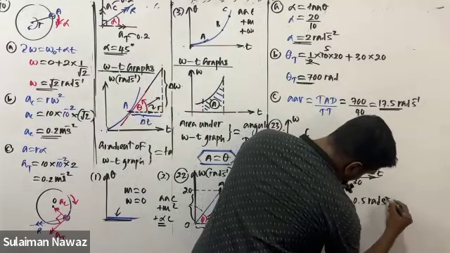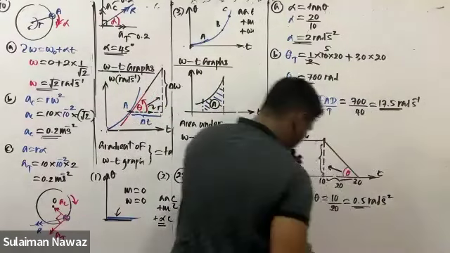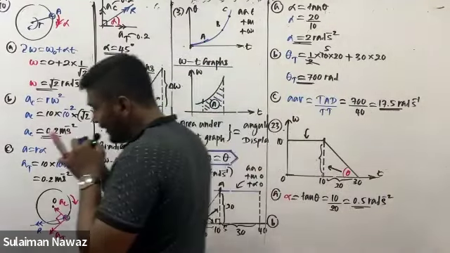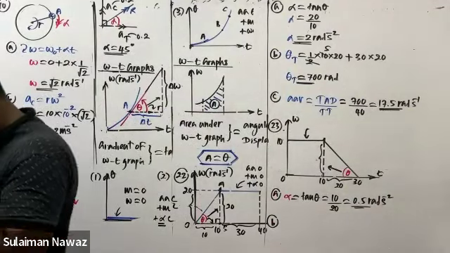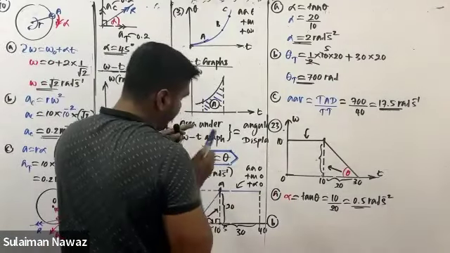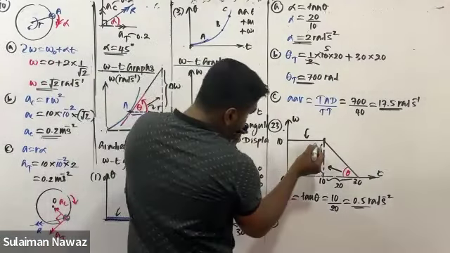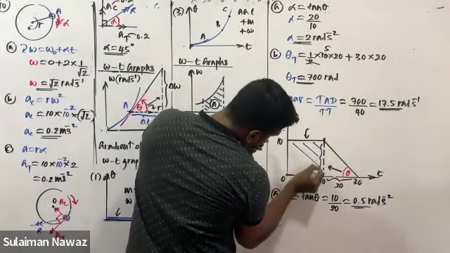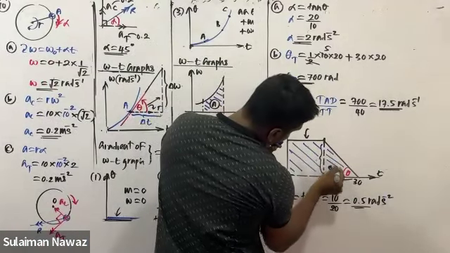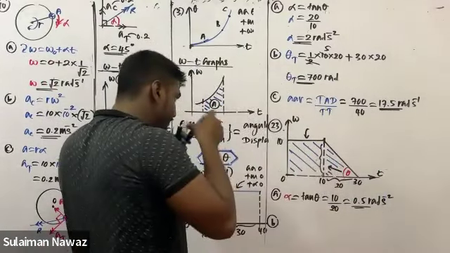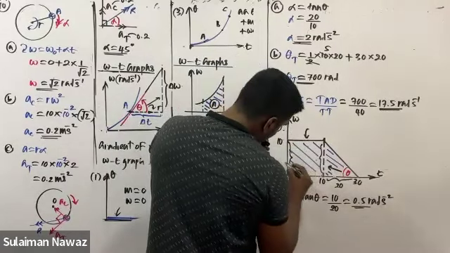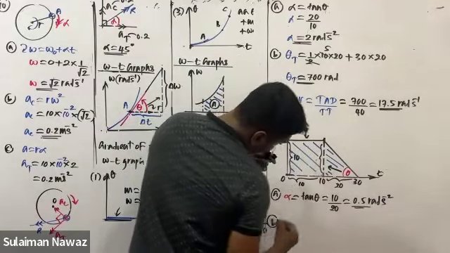Then they are asking the total angular displacement, simple. That is the total area. So rectangle plus triangle. The rectangle area: we know this gap is 10, this gap is also 10.